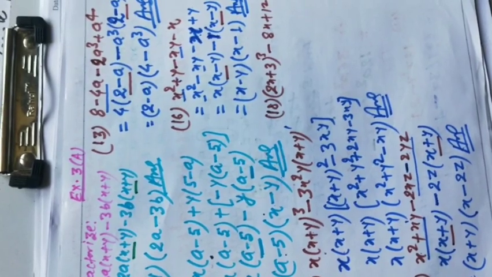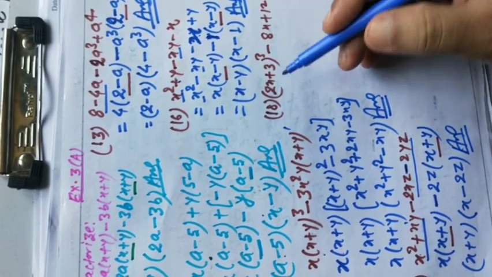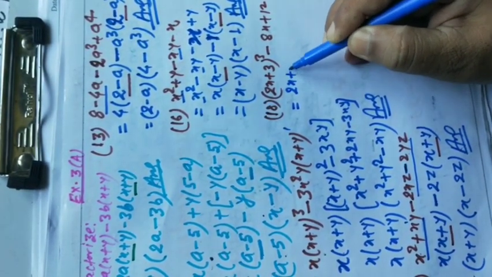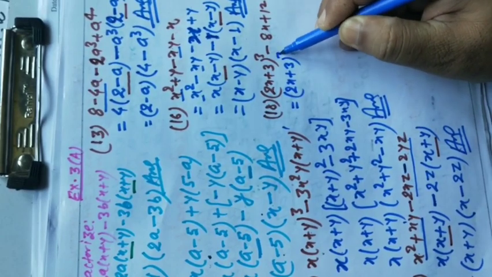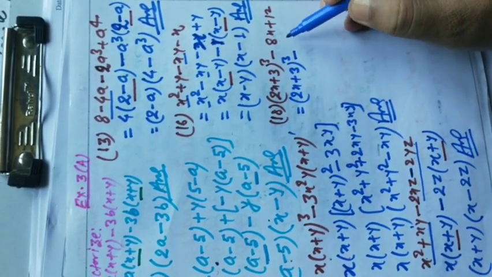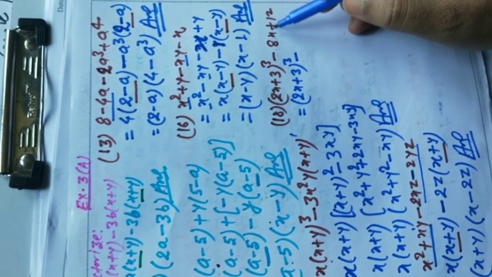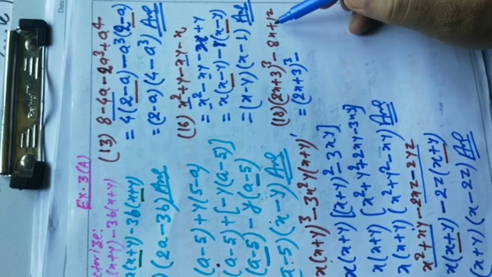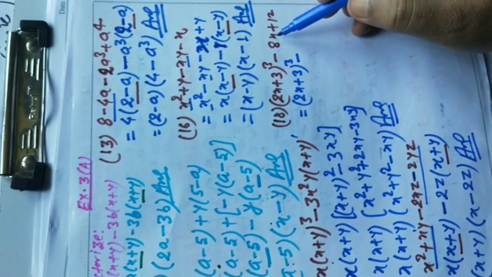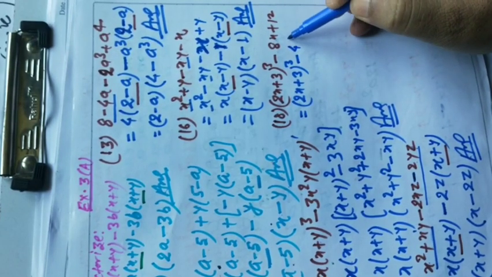Write 2x plus 3 cube as it is, and after writing this you have to see what is common in these two terms. 8 and 12 are numbers, so the HCF of 8 and 12 will be 4, so 4 will be common.